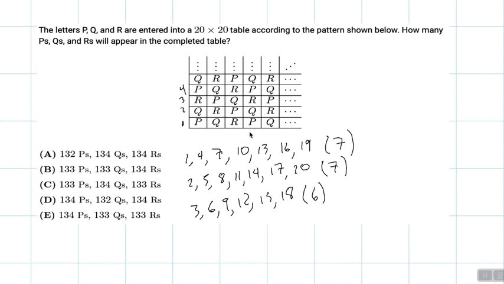So essentially just figuring out the P here. P changes between, so it shows up 7 times in this column. In this column it's 6, in this time it's 7, and it trades off doing that. 7, 6, 7, 7, 6, 7. So P does that.